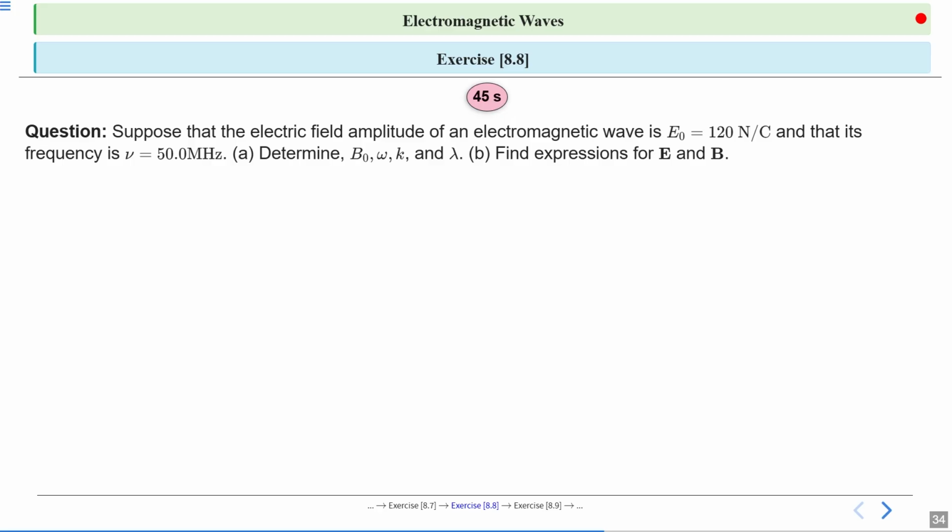Since nu is given, we can calculate omega. E naught is given, so we can calculate B naught. K is 2 pi upon lambda. Since nu is given, lambda can be calculated, and once we calculate lambda, K can be calculated. And part B is to find the expression for E and B. I will give you some time to think about it.